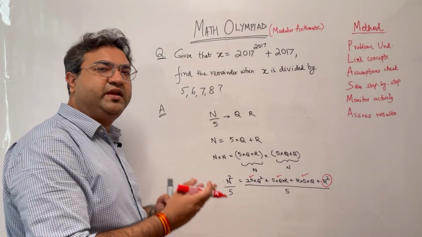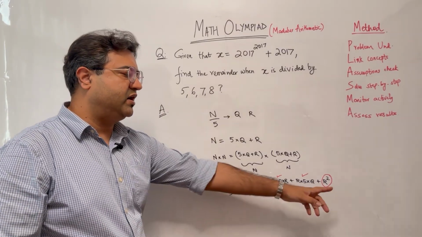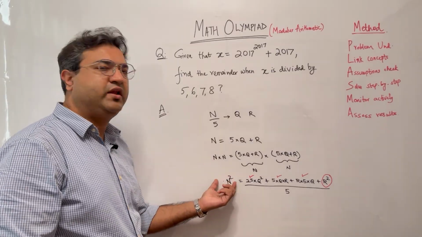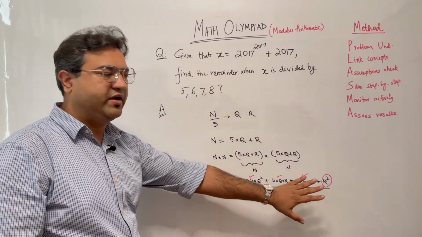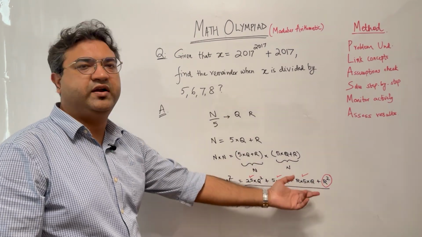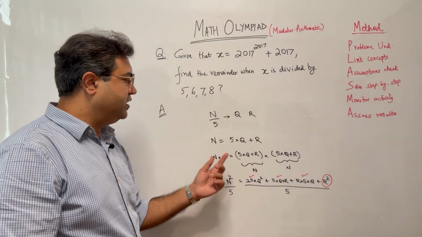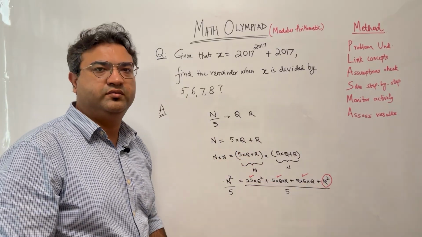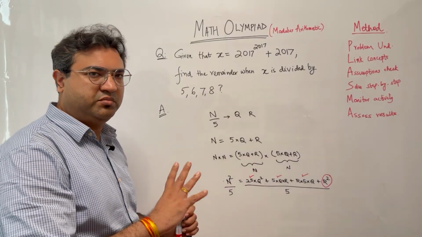This is the key concept of modular arithmetic. We just have to divide this r square by 5 to know the actual remainder when n square is divided by 5. Everything else is already divisible; only the r square term is remaining. The remainder for n is r, and the remainder for n square will come from r square. Okay. So this is called modular arithmetic.